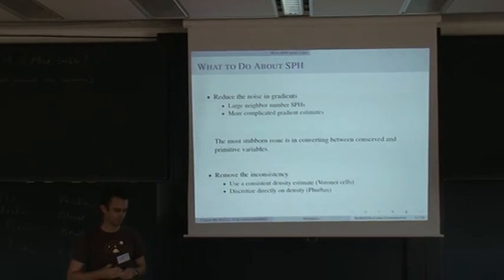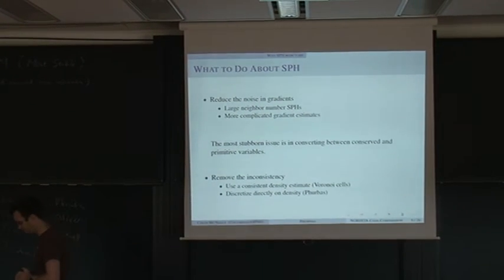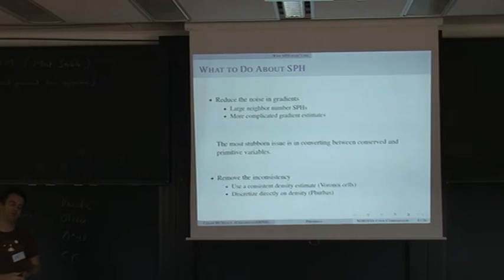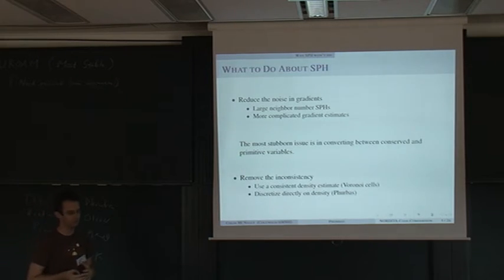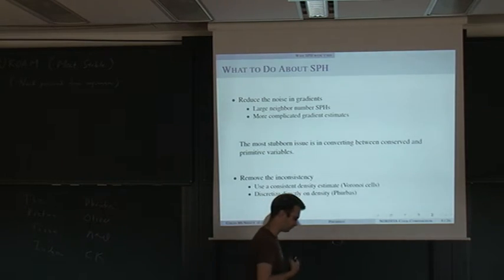You can also do more complicated gradient estimates without actually changing that density estimate based on the local weighted average. But the stubborn issue there is that weighted average, and replacing it somehow, because that's what you need in SPH for converting between conserved and primitive variables.